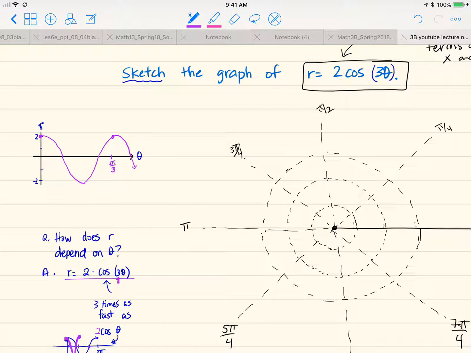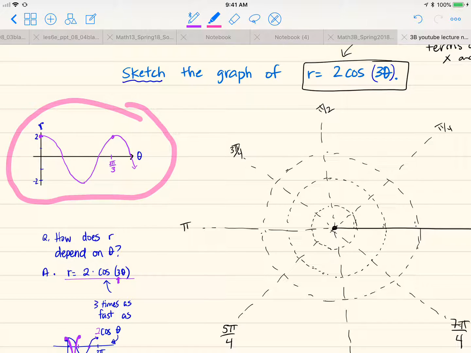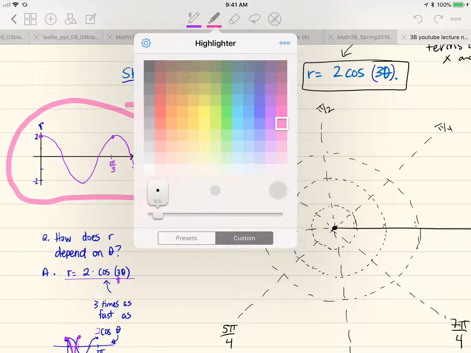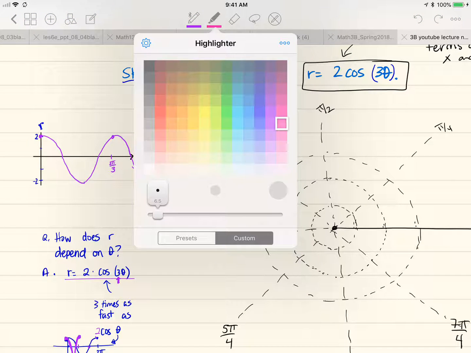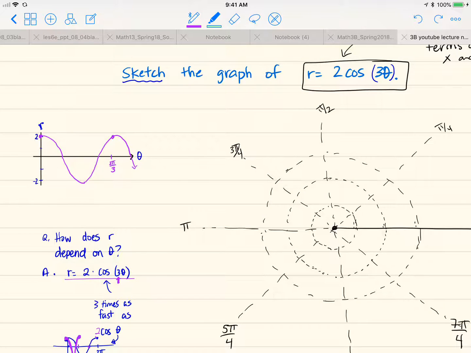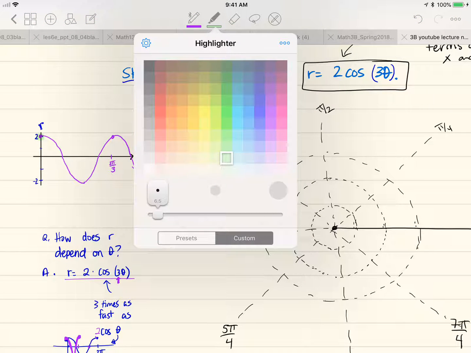Now what I do is I'm looking at the relationship between r and theta, and my pen is going to be moving along my graph here. Okay, so let's see how this works. Let me use a different color here. When theta is 0, r is 2.